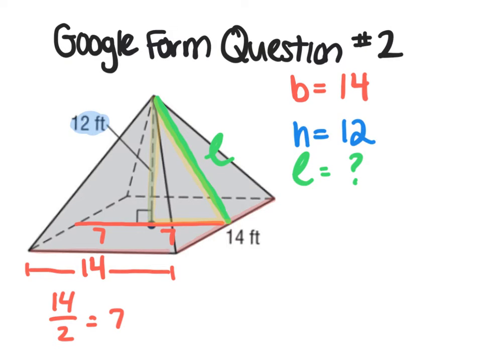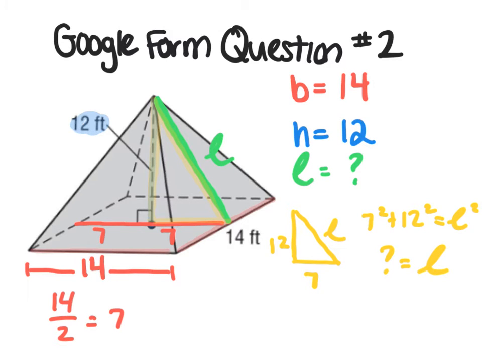If I redraw the right triangle, this is 7, this is 12, and this is L. So we can use the Pythagorean theorem to say 7 squared plus 12 squared equals L squared, and you could solve to figure out what L is equal to.